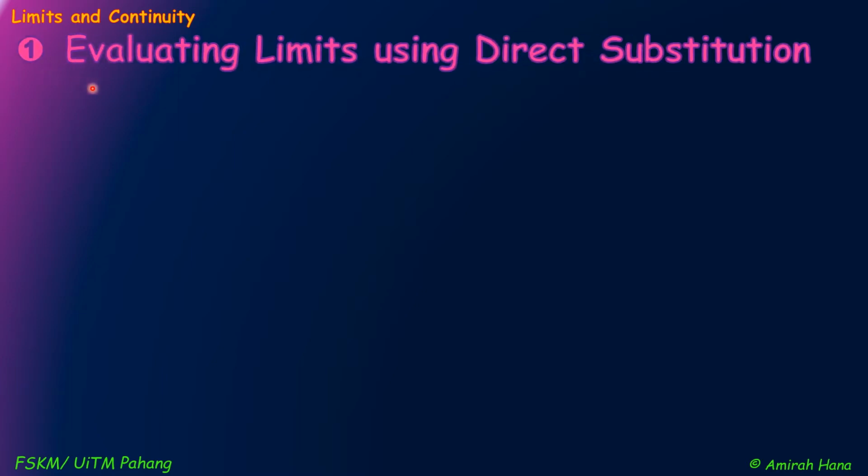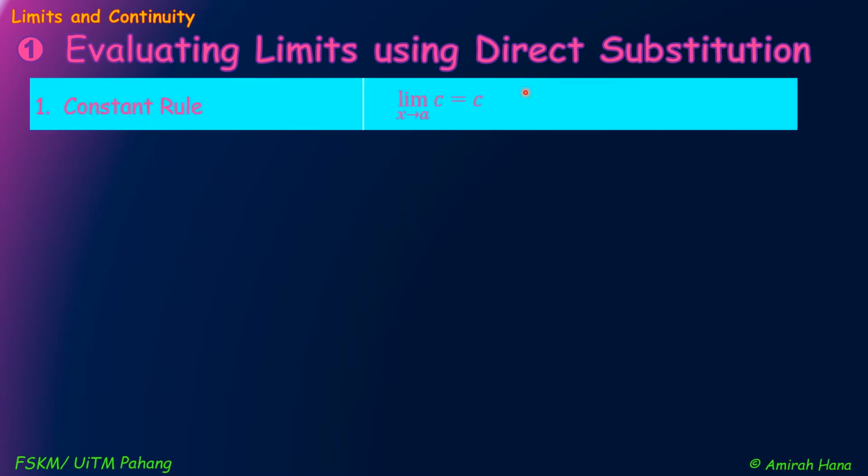Number 1, evaluating limits using direct substitution. From theorem number 1, the constant rule: if we have the limit as x approaches a of c, where c is a constant, the answer equals the constant. We look at the examples.